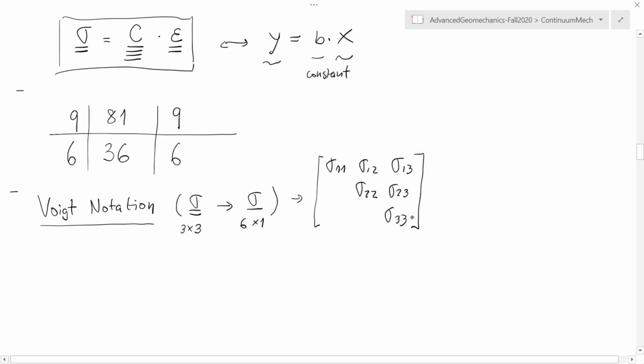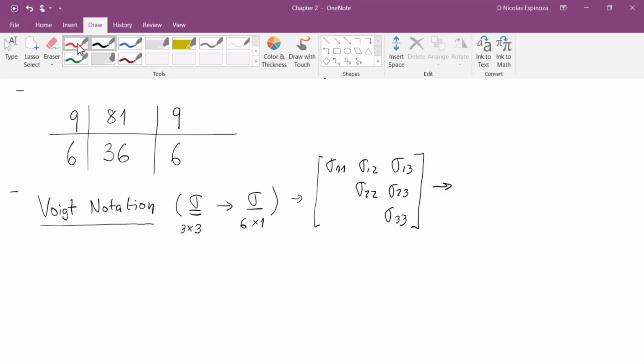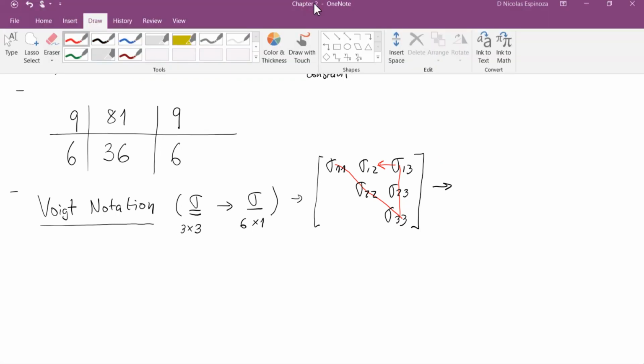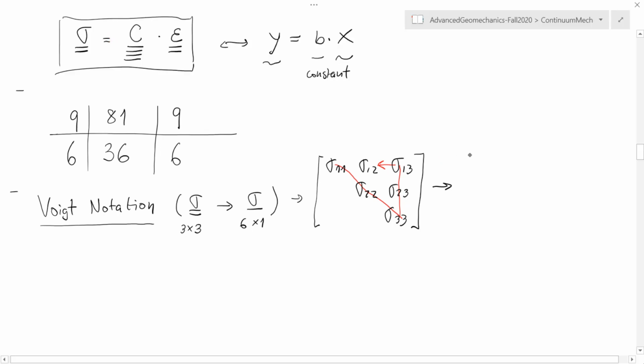We are going to write this as a vector following the triangle rule, in which we start at the top, go to the bottom, and go up, and then to the left. So when we do that, this vector is going to look like sigma 11, sigma 22, sigma 33.